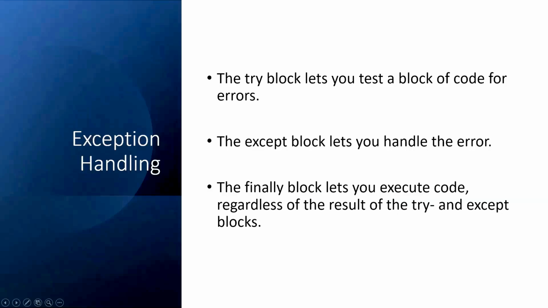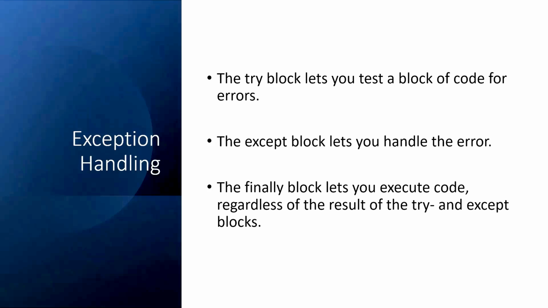Moving on. We have just gone through a list of exceptions provided by Python. Now, how do we treat these exceptions? If one of these exceptions occurs in your program, how do you deal with it? How do you programmatically handle this exception?